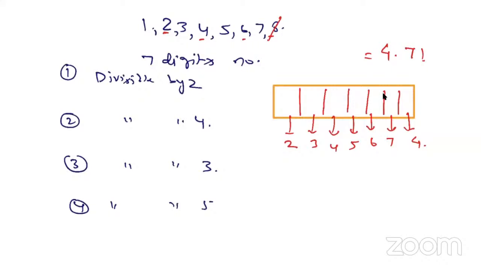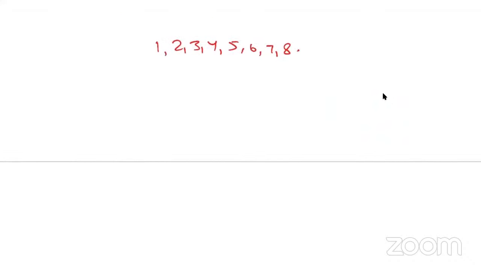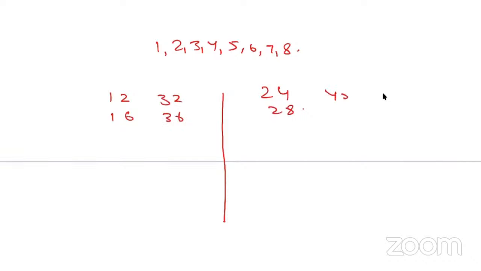And for second, divisible by 4, right? The numbers possible are 12, 16, odd numbers, right? 24, 28, 32, 36, 48, 52, 56, 64, 68, 72, 76, 84, right? 88 is not possible because repetition is not allowed, right?